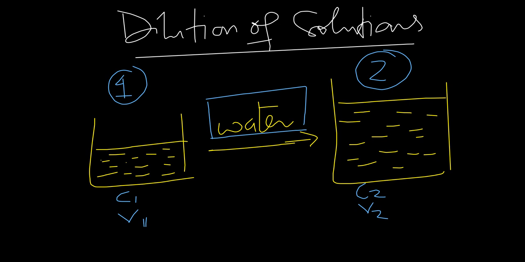Now the question is this: did the concentration of the salt water change after you added water to it? The answer is yes. You realize that in the first salt water, when you tasted it, there will be more salt. But when you taste the second salt water, there will be less salt.